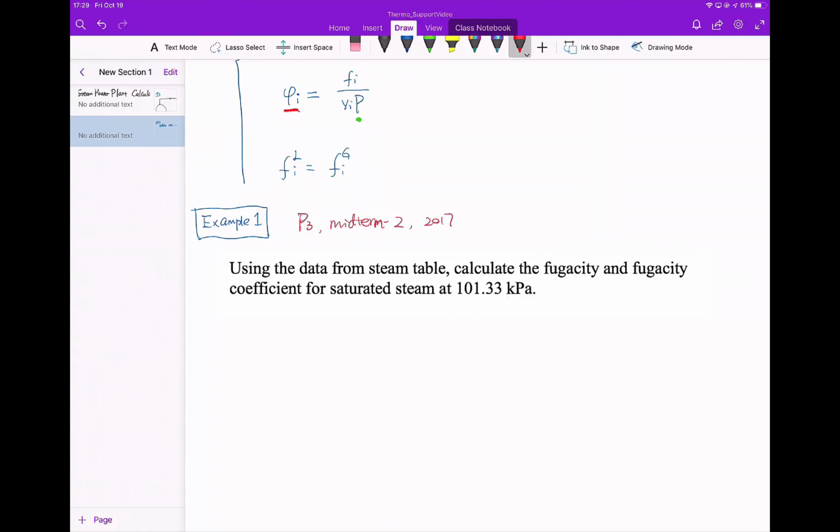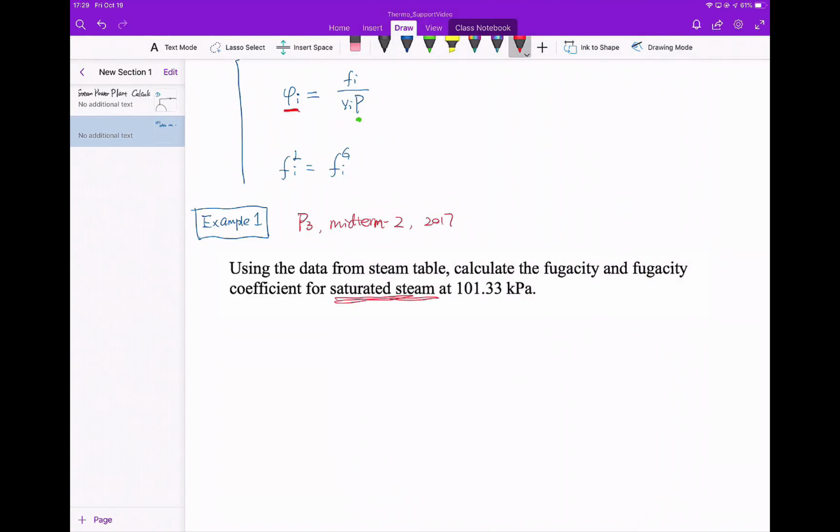So the idea is to use the data from the steam table to calculate the fugacity and fugacity coefficient for saturated steam at 1 atm basically. Now the keyword is saturated steam, right?